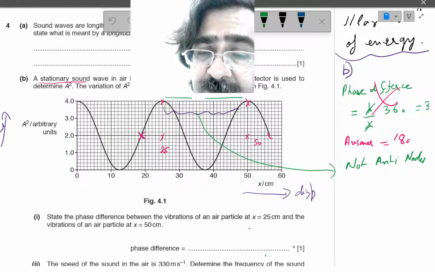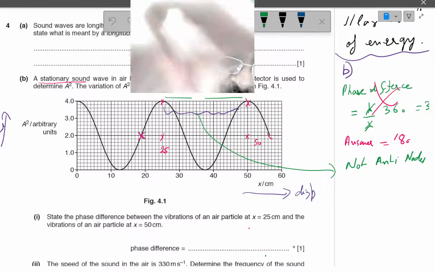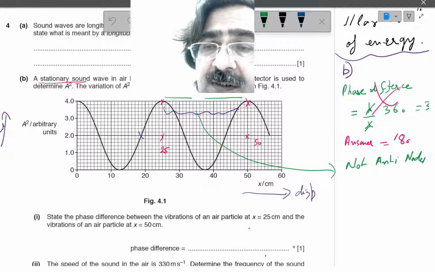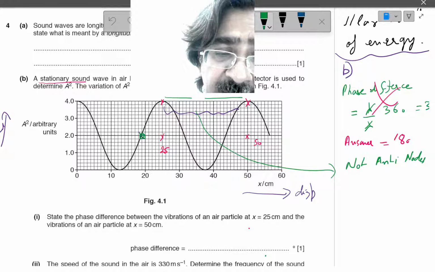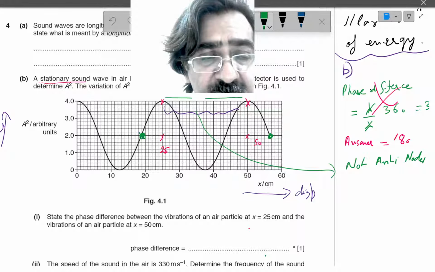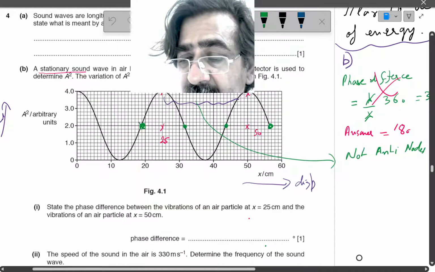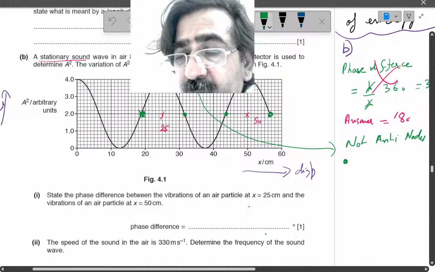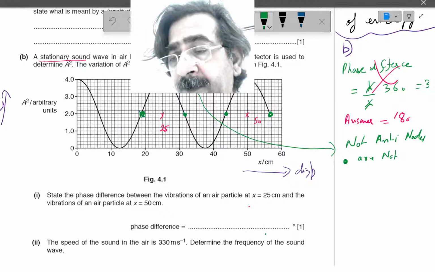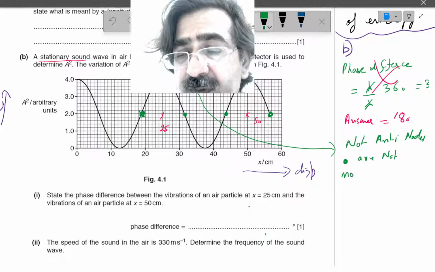Even these two points that look like nodes are not nodes.